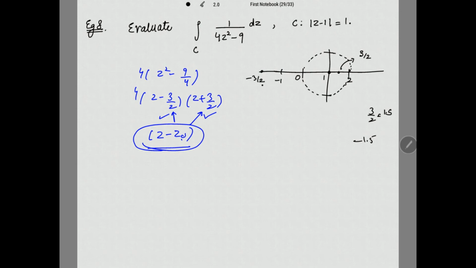So this point does not lie inside the circle. It is outside the circle. So only one point, that is 3 by 2, lies inside. And we will include the denominator z plus 3 by 2 inside that f of z. We are not considering the second denominator then.